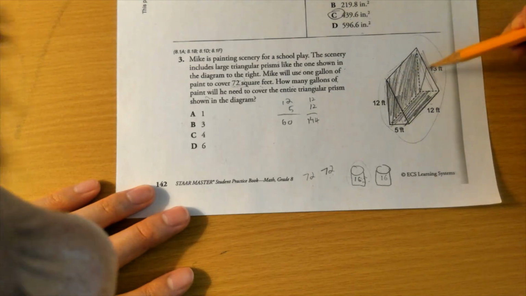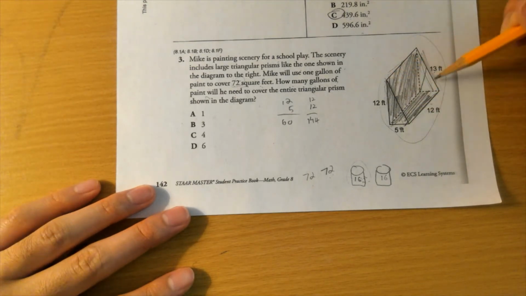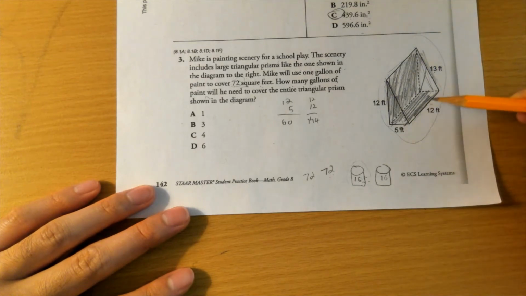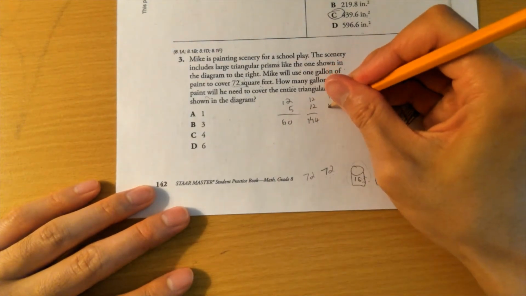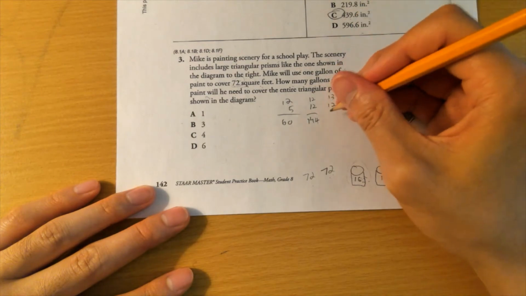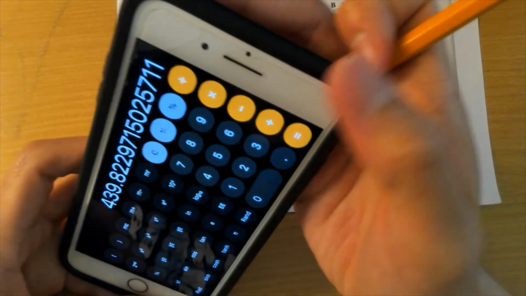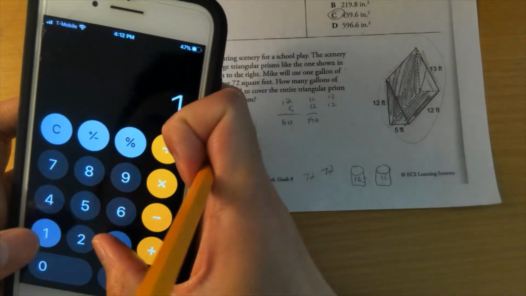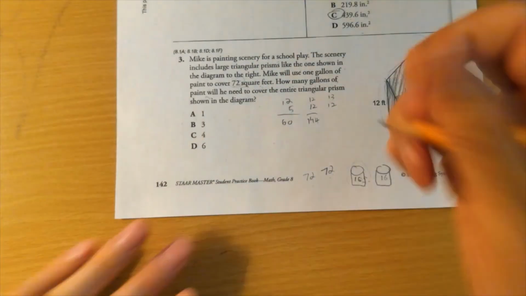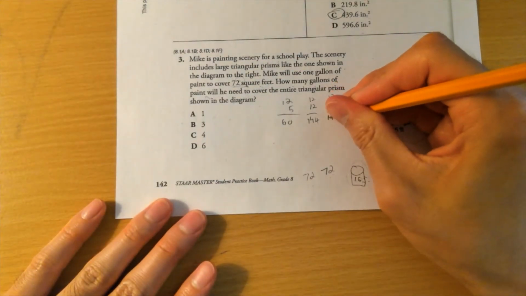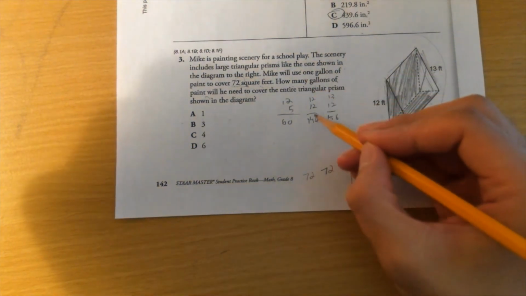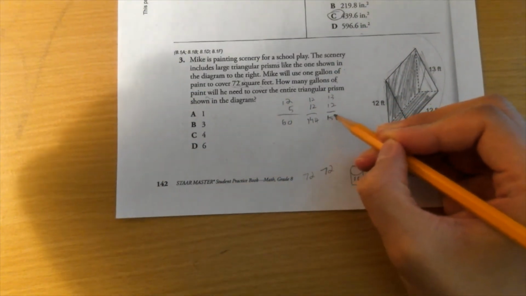Over here it is 13, and this part right here is 12. So it's 13 times 12, which I think is 156. 13 times 12 equals 156.